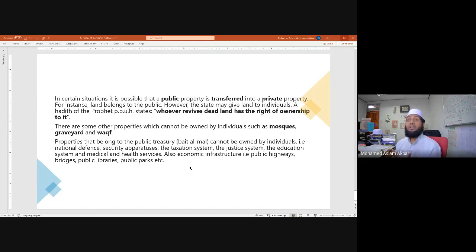This is how Sharia is actually promoting you to become the owner of the land through your effort, not through your money. Most of the time we say, I want to do this, sir, I want to go for it, sir, but my problem is I don't have money. Money is secondary. Remember, there is enough money, billions and billions of money everywhere, in different accounts. Maybe it's not in your account, but it's not that difficult to come to your account.